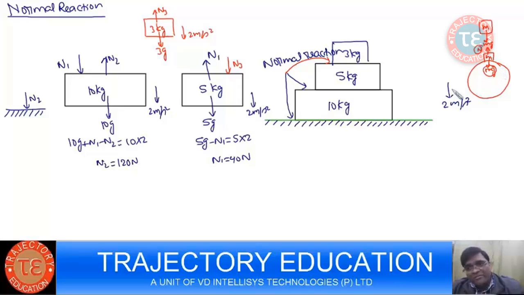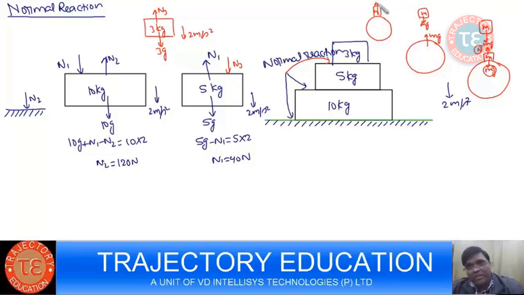And remember, this N and mg are not action reaction forces. I must tell you that if Earth applies mg on this mass, the mass also applies mg on the Earth, and these are action reaction forces.